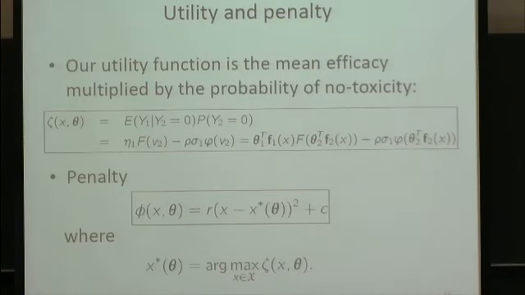If x star is my best dose, then of course I can introduce many penalties, but I use the simplest one, which was used, for instance, in the Robbins-Monro procedure. It's just the quadratic deviation from the best point.